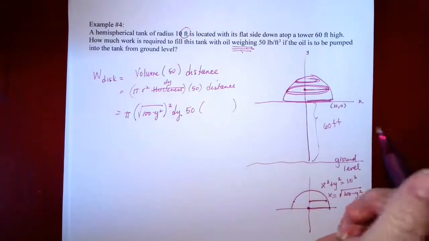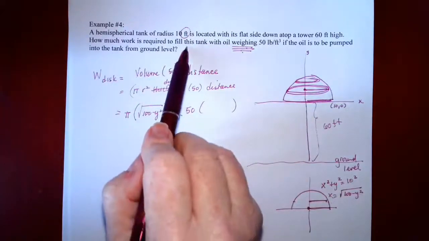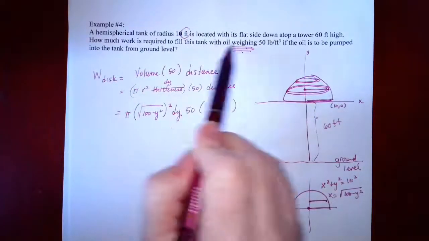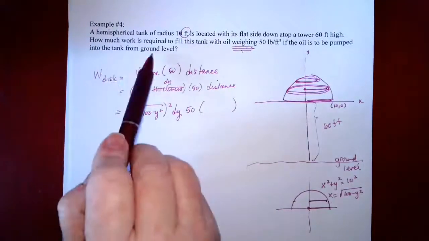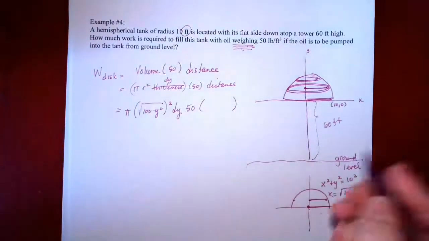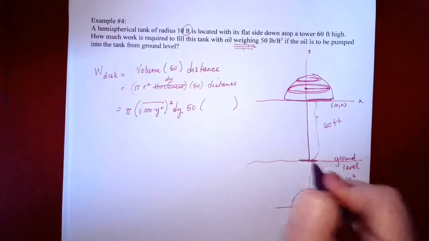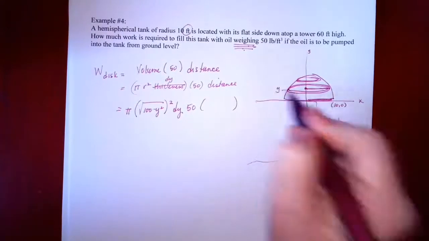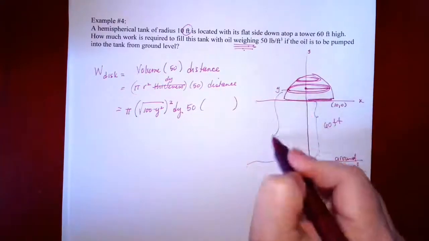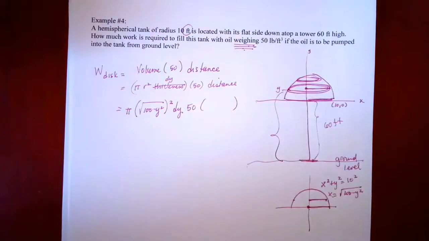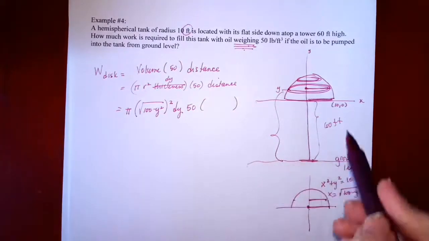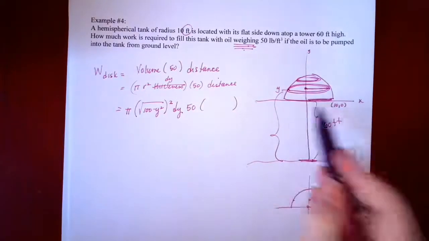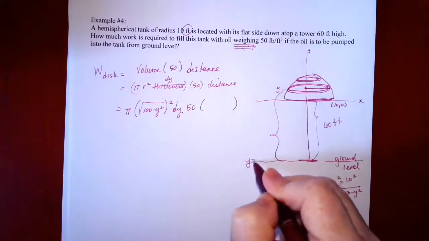Okay, how much work is required to fill this tank if the oil is pumped in from ground level? So we're coming in from ground level to some little y value here. How far did it have to come? Ground level here is 60 feet below the bottom of the tank. So yeah, I should have drawn that in, sorry.